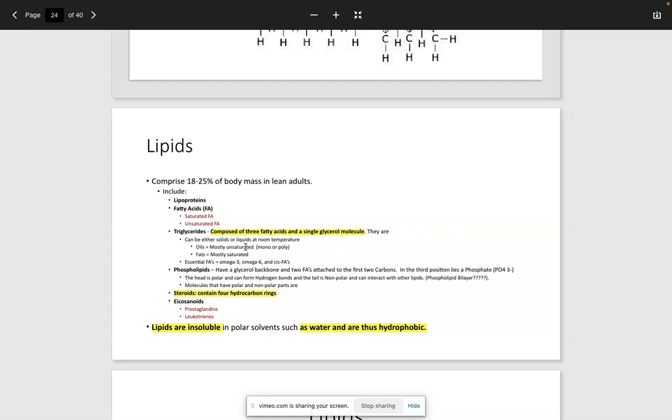Steroids are going to be an example of lipids. Again, these have 4 hydrocarbon rings. This is why I pose the question, would it be beneficial for humans to have zero cholesterol? If you went to your doctor and he said to reduce your cholesterol, would it be desirable, if it's even possible, to get it to zero?